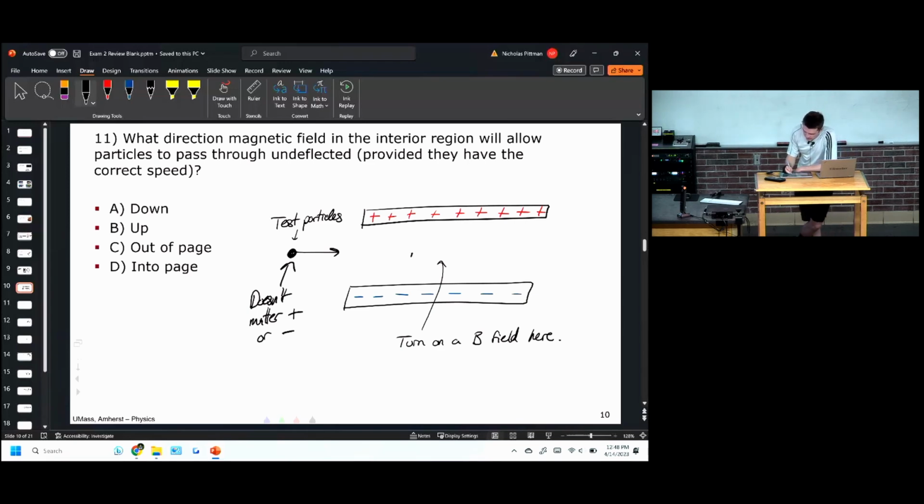Obviously, it will be down. The electric force is going to be down. So we need a magnetic field that causes these particles moving to the right to feel a force upwards. So our question boils down to guess and check magnetic field that causes an upwards force.